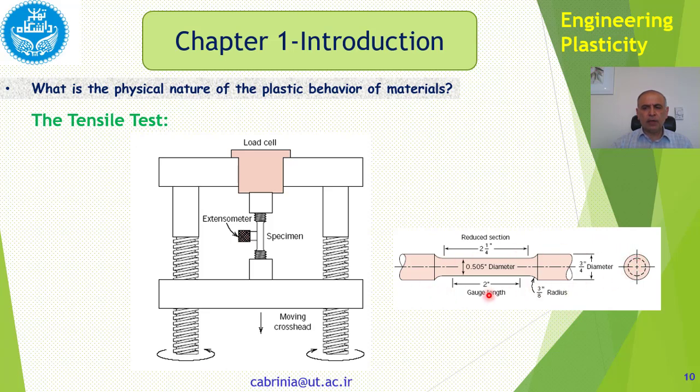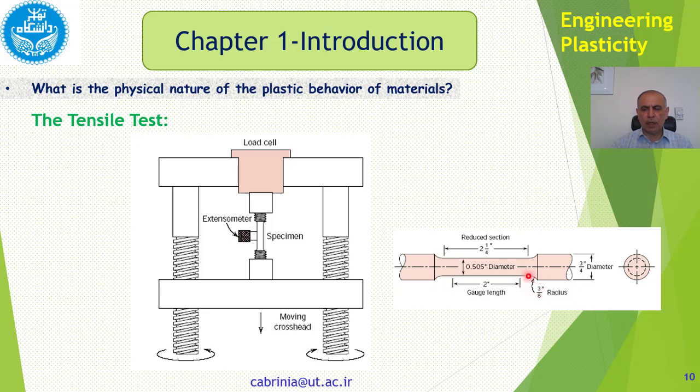This is an ASTM standard specimen. As you can see, the gauge length is about 2 inches, which is about 50 millimeters, and 2¼ inches is from here to there. The diameter is about 1/2 of an inch, and the diameter of the ends, which the grippers will grip, is about 3/4 of an inch.